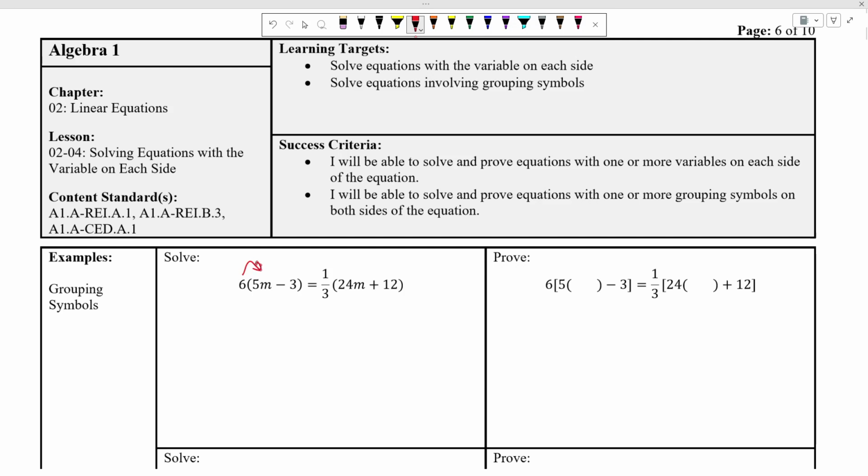First thing here, guys, distribute, distribute, distribute, and distribute. This leaves me with 30m. This leaves me with 18 equals, let's see, 1/3 times 24 is 24 over 3m.